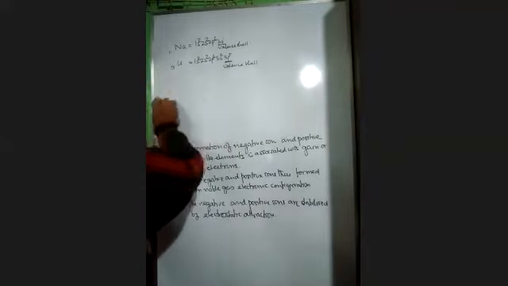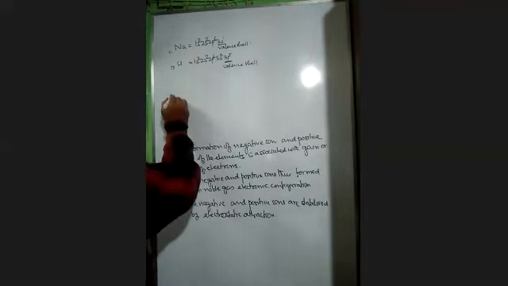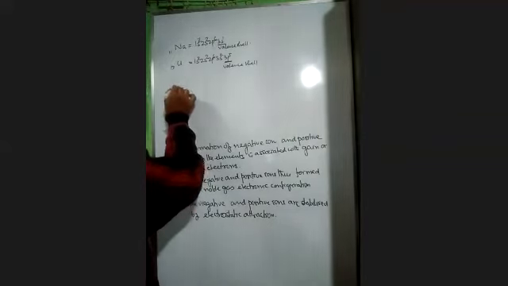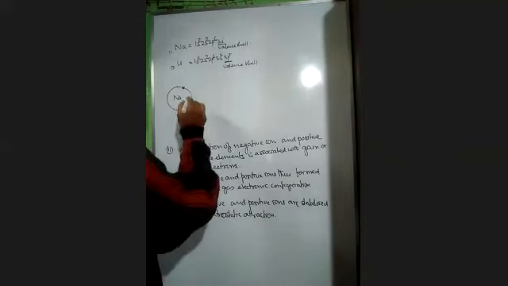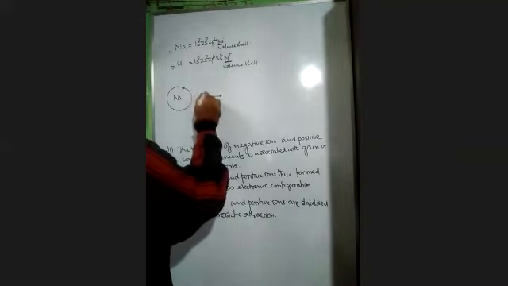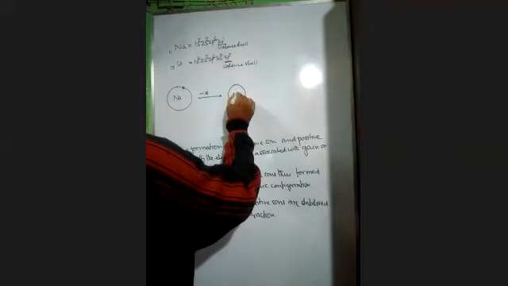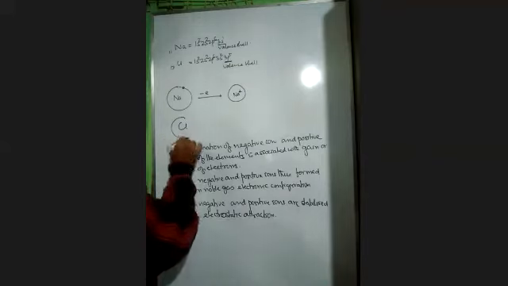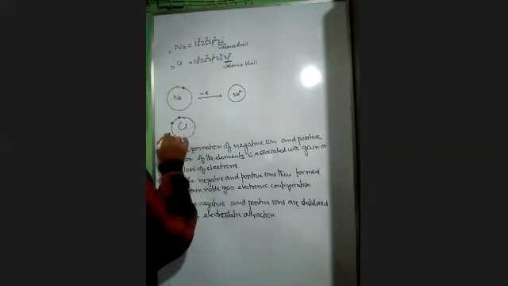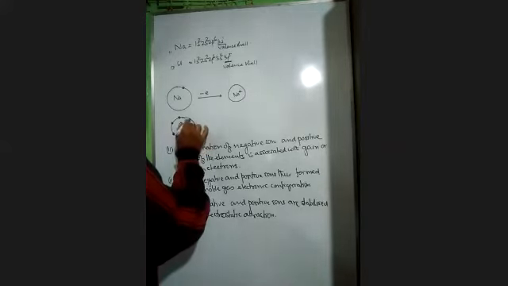So those days, it was difficult for people to know all this. Now we know. So what I'll write now here? I'll put one dot here. And minus e. So what I'm going to write here? Na plus. And chlorine: 1, 2, 3, 4, 5, 6, 7.